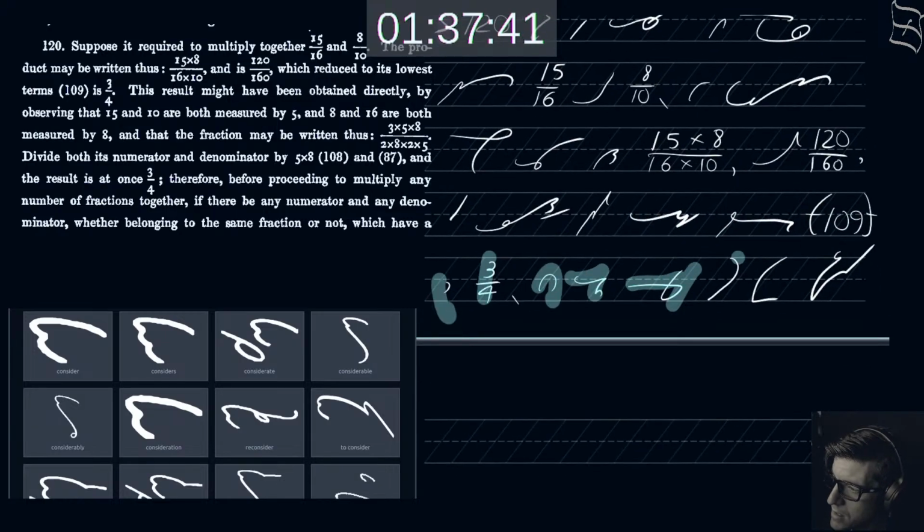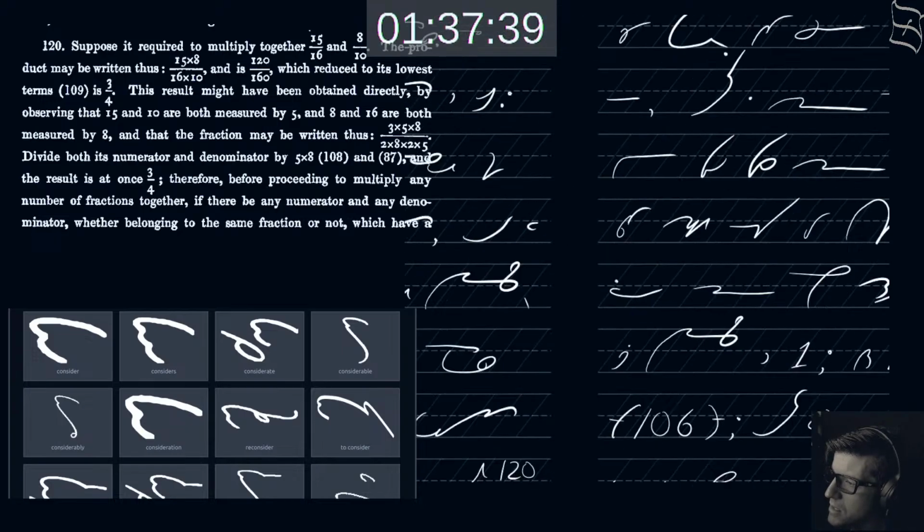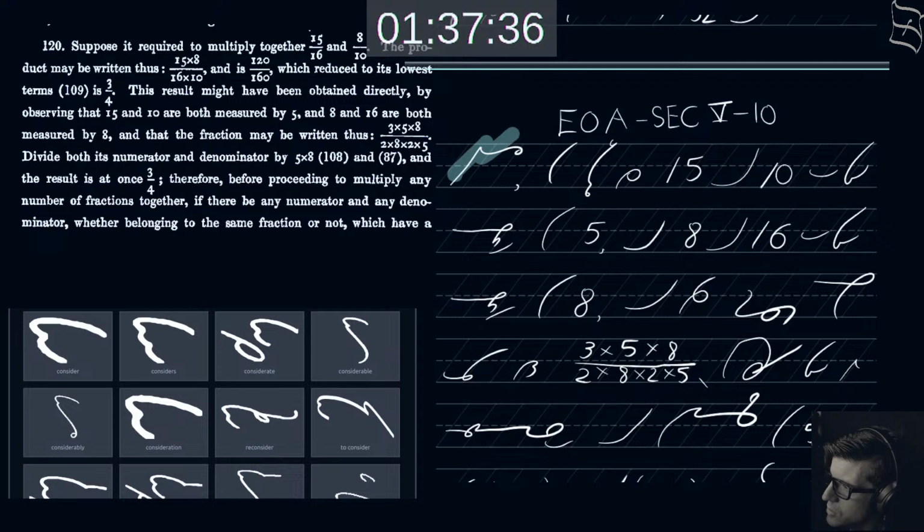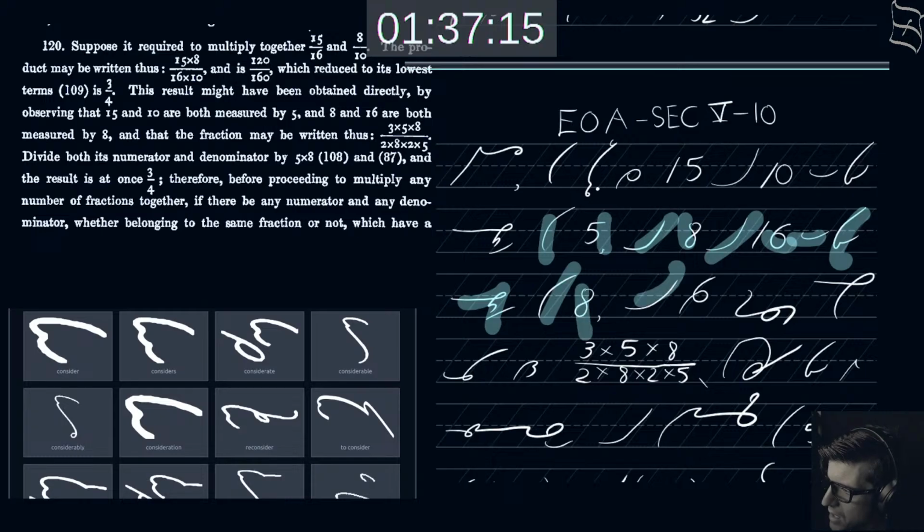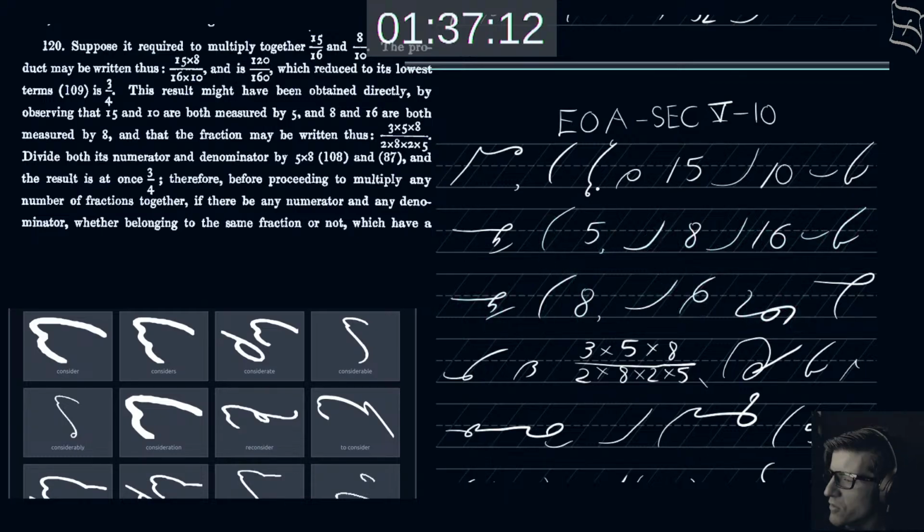This result might have been obtained directly by observing that 15 and 10 are both measured by 5, and 8 and 16 are both measured by 8, and that the fraction may be written thus as 3 times 5 times 8 over 2 times 8 times 2 times 5.